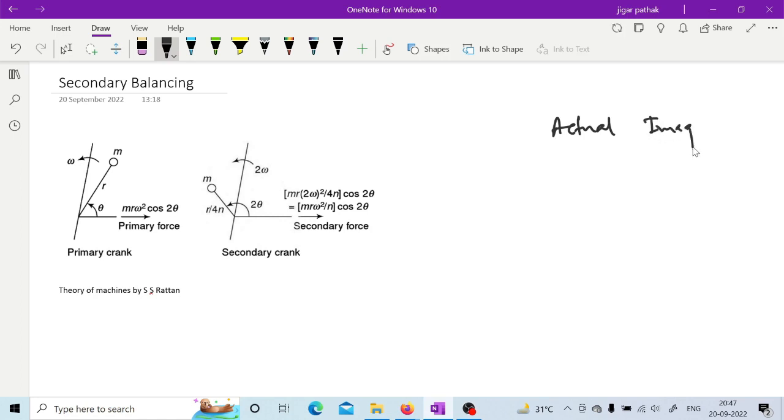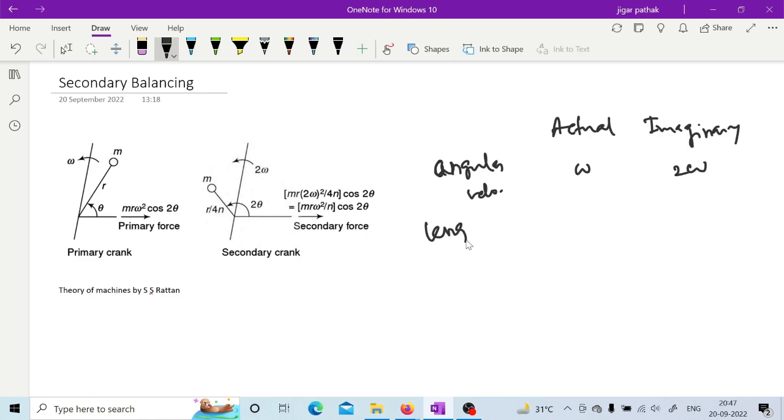an actual and imaginary crank. So here the angular velocity for actual will be omega, and for imaginary it will be 2 omega.